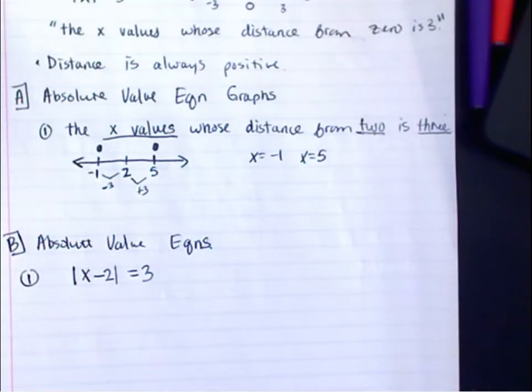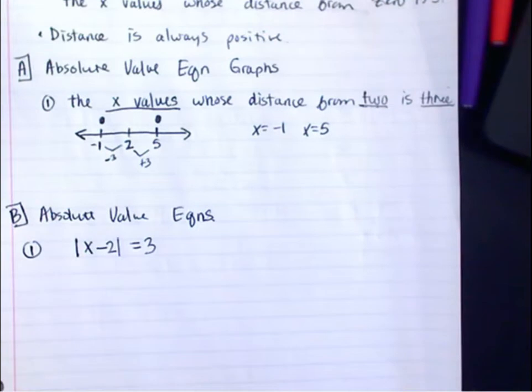Now you might be able to just plug in some numbers and give me an answer, but that's not the point. What we need to do is figure out how to set this up so that I can solve it. You get rid of the absolute value bars and then write two equations down. One would be x minus 2 equals negative 3 and the other one would be x minus 2 equals 3.